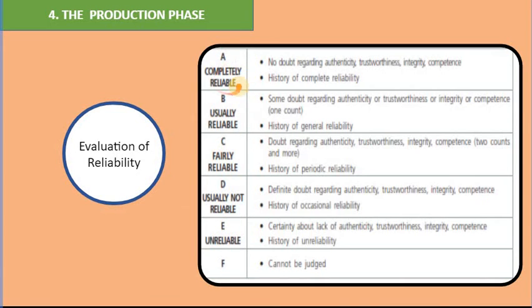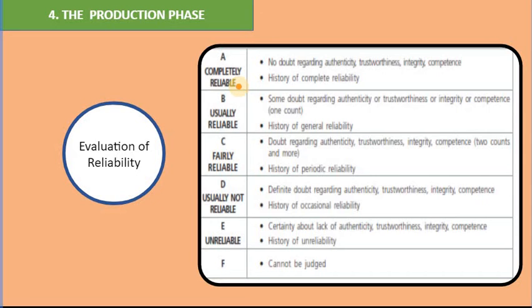Diba? Completely reliable. Letter B, U, it means usually reliable. Letter C, letter F, it means fairly reliable. And then letter D, N, it means usually not reliable.